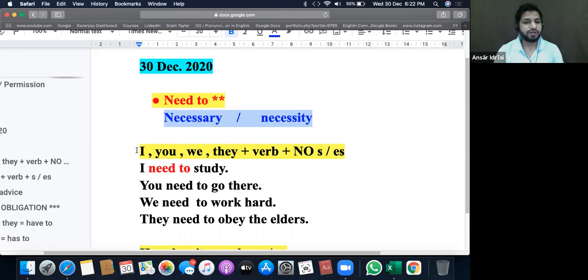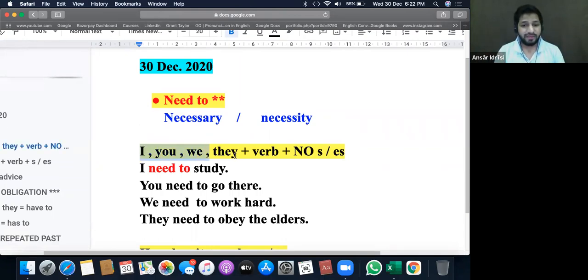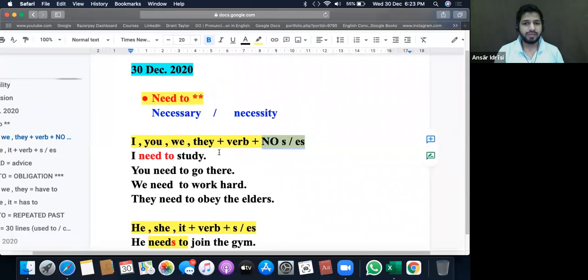For example, here we can see simple present tense, which we did recently, a few days ago, right? A few months ago we did it, one month ago, one and a half months ago. So the simple present tense rule was there: I, you, we, they, verb plus no s, no es, and he, she, it, verb plus s or es. Same case here. If you see, while making sentences with need to, I, you, we, they, verb plus no s, no es. Okay? I, you, we, they, verb plus no s and no es.